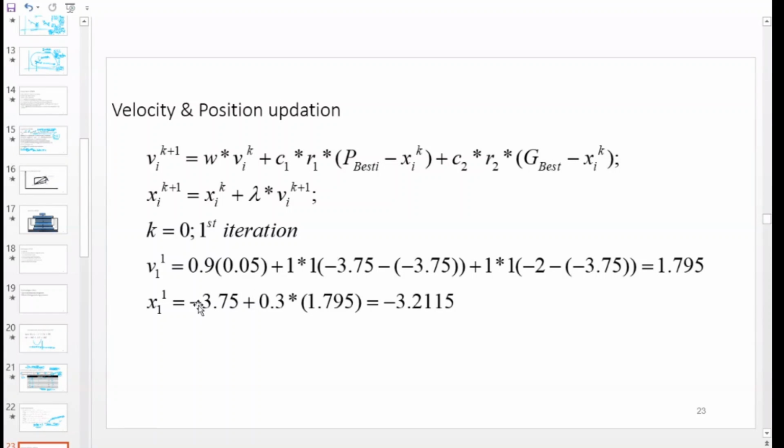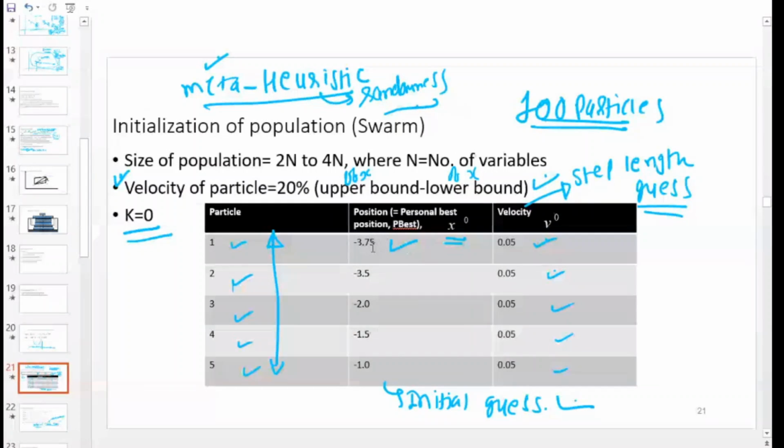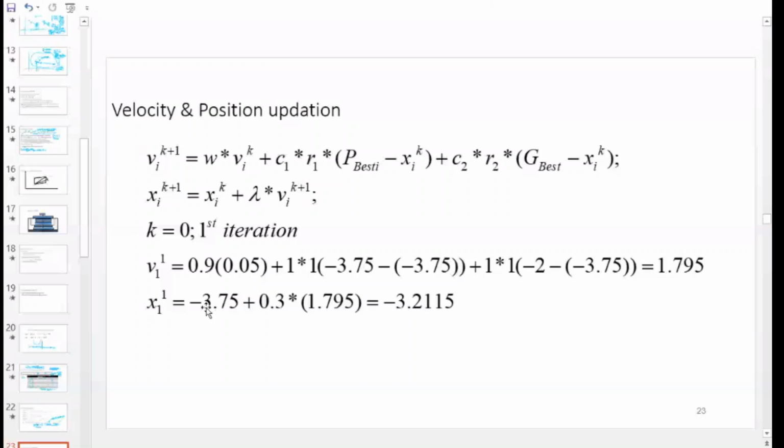And after obtaining the velocity, you can obtain the position. So position of the first particle at the end of first iteration, it is equal to what? It is equal to previous position, that is x1 superscript 0, right? It was this minus 3.25 plus lambda.